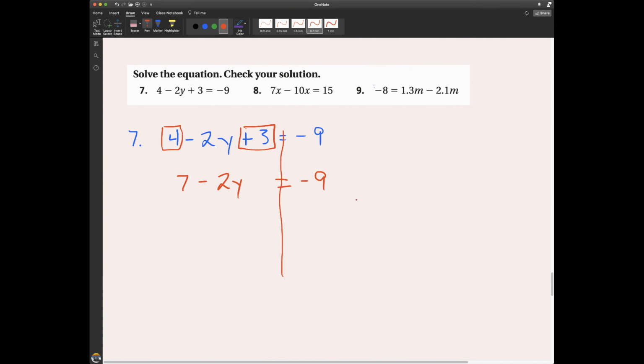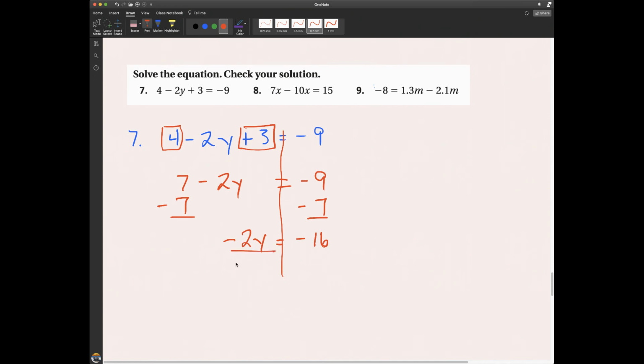Now I have a two-step equation. First, subtract, whoops, not 2. That's not going to work, Mr. Odom. Subtract 7 from this side and subtract 7 from this side. That's using the subtraction property of equality. That leaves me with negative 2 times y equals negative 16.